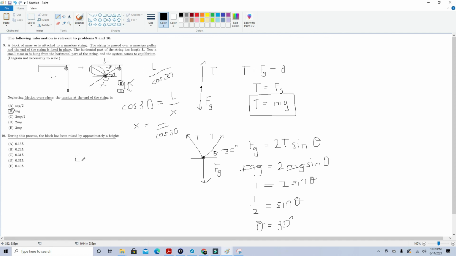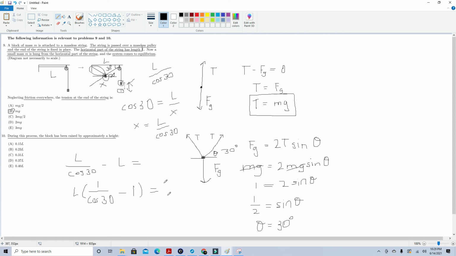So we can do this by simply doing L by cos 30 minus L, which will give us our answer. From here we can just factor out L, to get L times (1 by cos 30 minus 1).